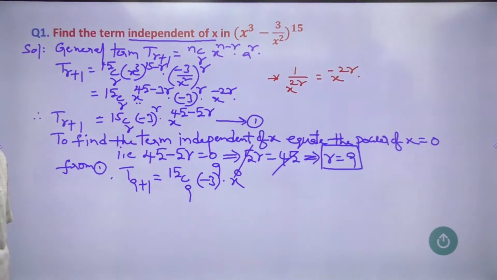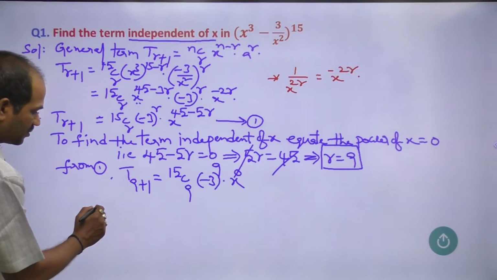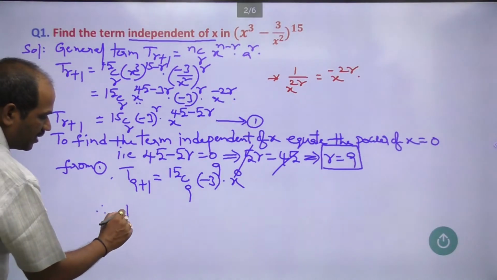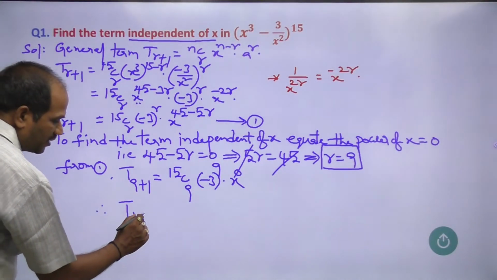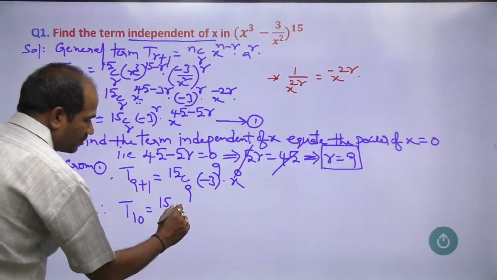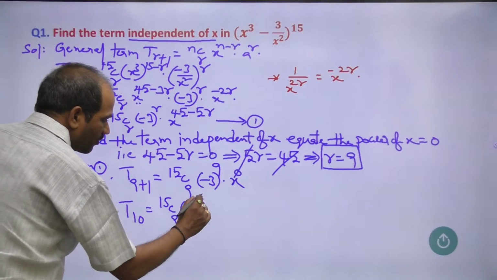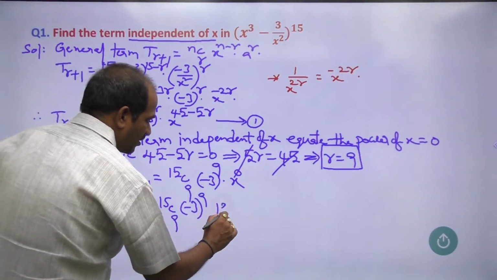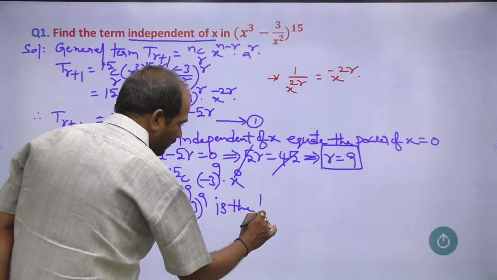So therefore t 10, which is 9 plus 1, is equal to 15 C 9 into (minus 3) whole power 9, is the term independent of x.